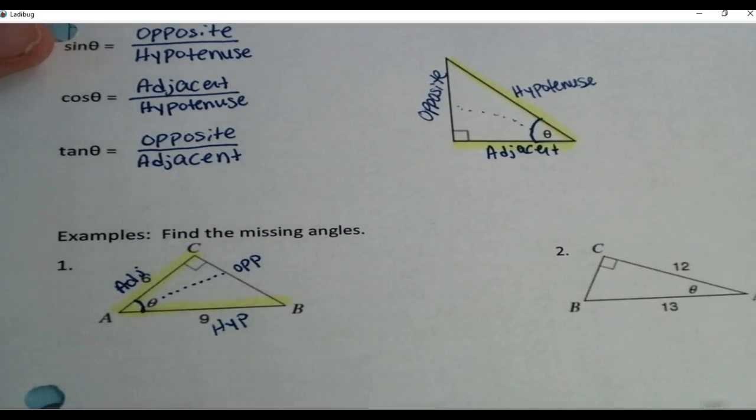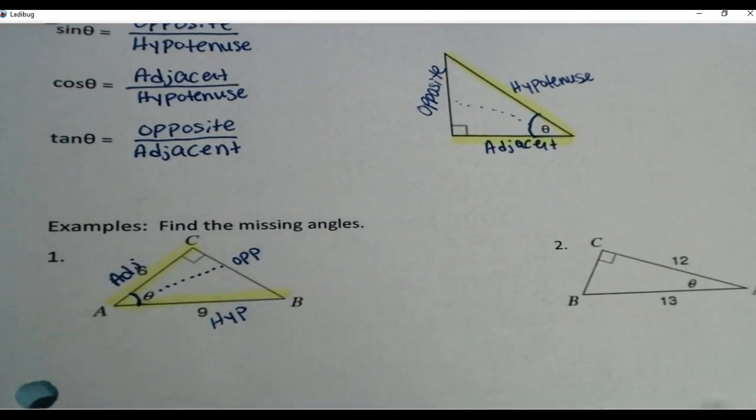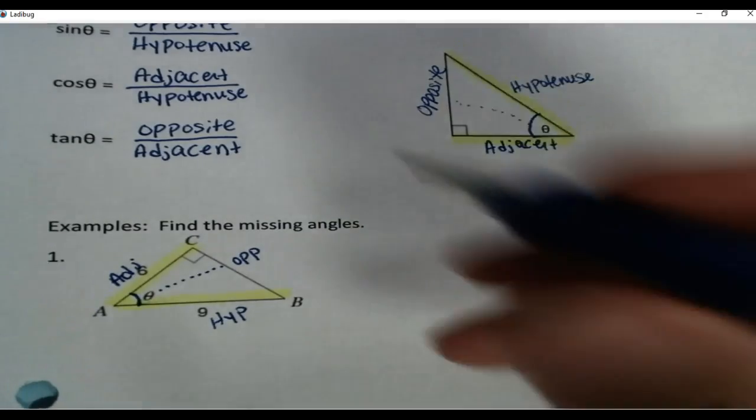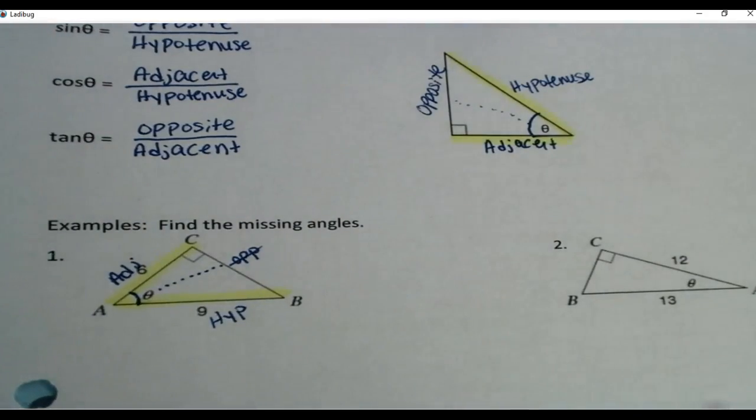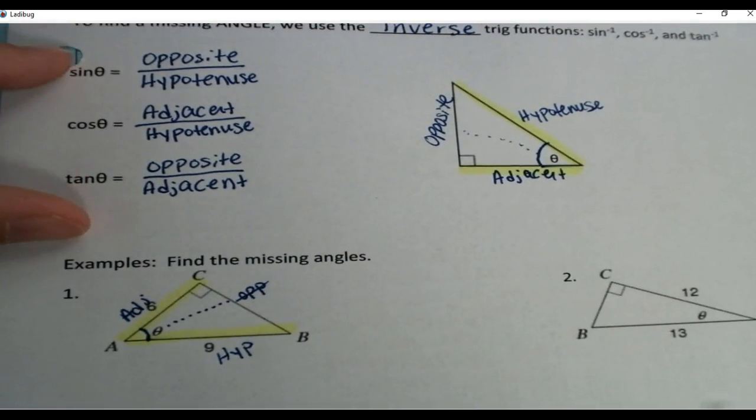Any questions on that? Okay. If I look at this one, our difference today is that we know two sides. Which two sides do I know? Adjacent and hypotenuse. So I don't care about the opposite. If I'm looking at adjacent and hypotenuse, which trig function do I use? Cosine. Everybody okay with that?